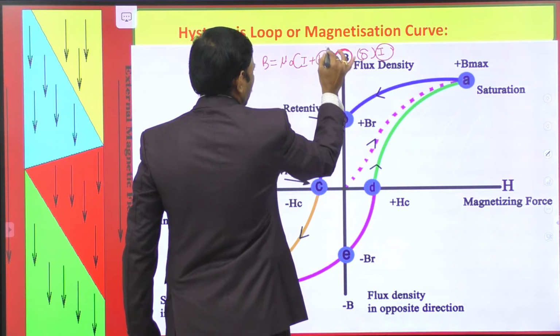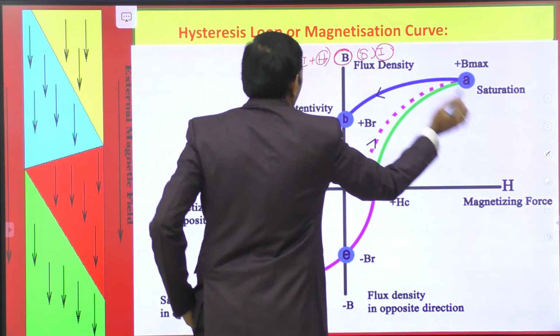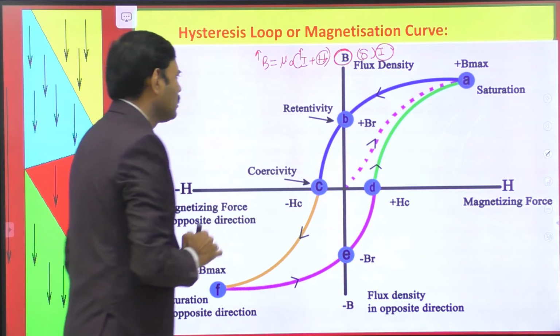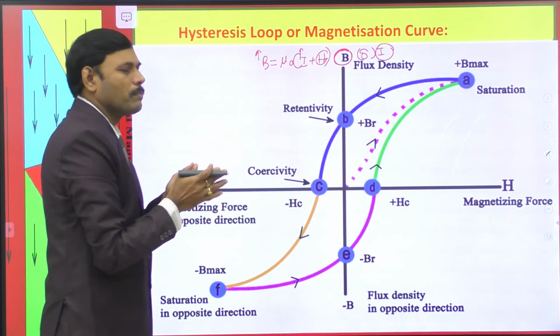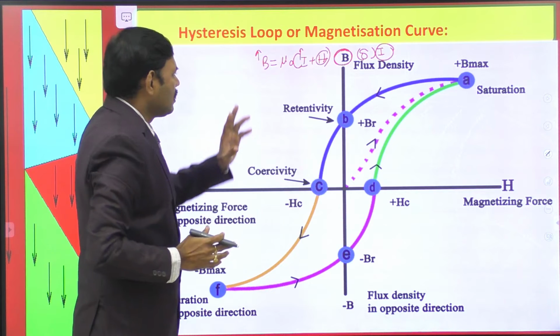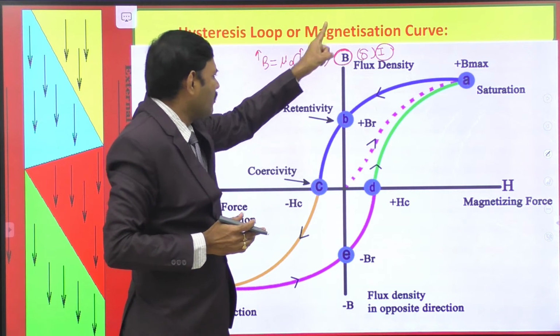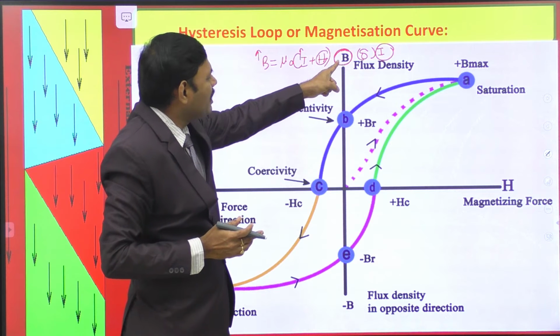H is the applied value. If I increases, B also increases. So the hysteresis loop shows the variation of intensity of magnetization or magnetic flux density through the given material.